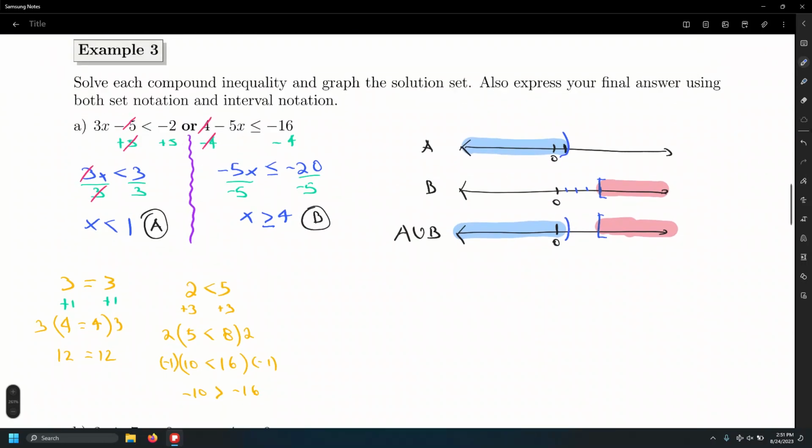We're going to put these two together and find not the overlap, but whatever is in one, the other one, or both together. And in this case, all we do is write solution set.